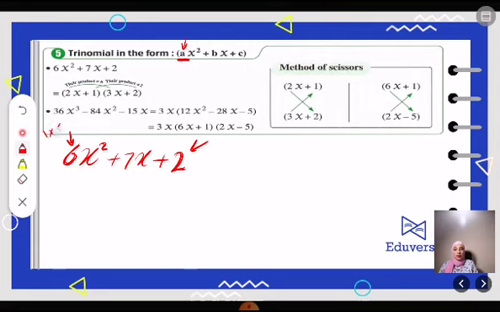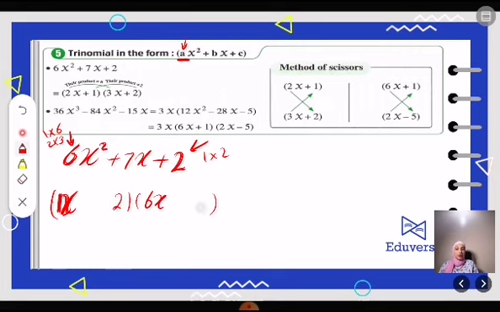6 can be 1 multiply 6 or 2 multiply 3. 2 can only be 1 multiply 2. Okay, open the two brackets and start to factorize it. I will try to choose 1x, which can be written as only x, multiply 6x.